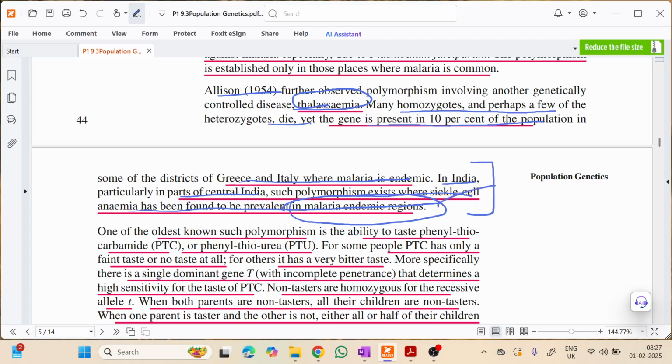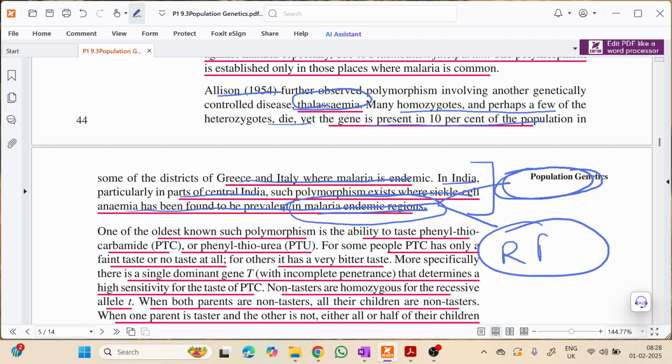So again, the concept is the same: to prevent death via malaria, there needs to be a change in the genetic material, so that at least one heterozygous, one dominant trait, should be there. If both are recessive... this one is a dominant condition. So there are two instances of the dominant condition.